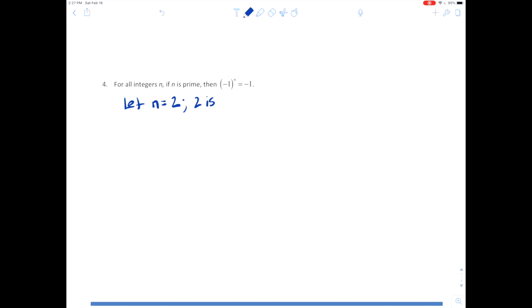Two is prime, right? So then -1 squared is +1. So we have shown by counterexample that the statement is false. It only needs to be false for one thing, okay?